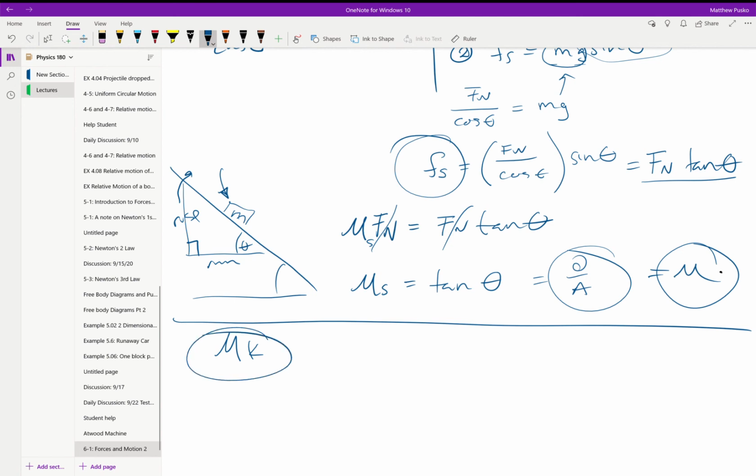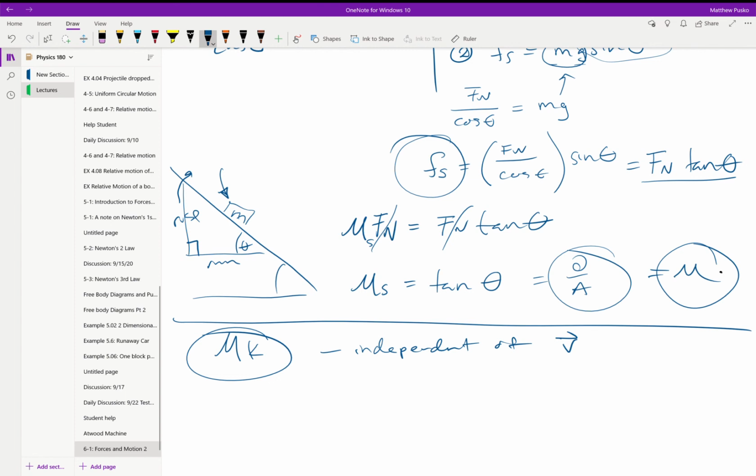Then kinetic friction takes over, and it's independent of speed or velocity. So even if the thing starts speeding up, we just have kinetic friction taking over.